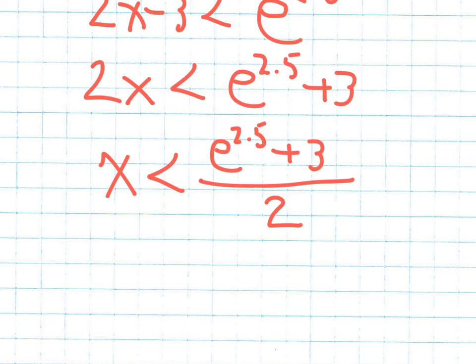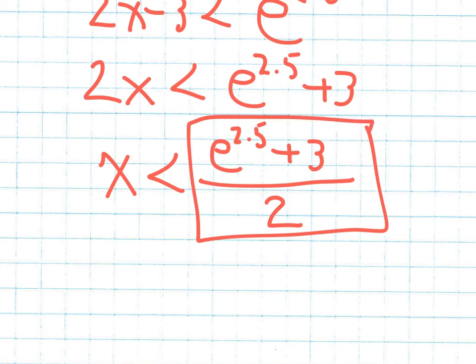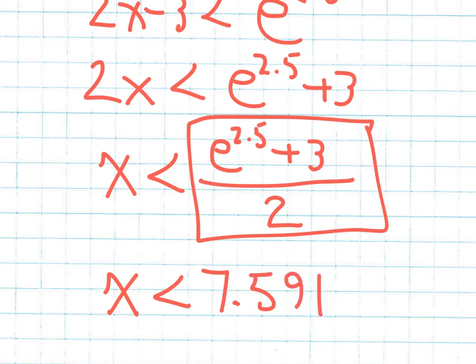Now, you could solve this with a calculator. All of this right here is something you can do in your calculator. Be careful with how you enter it, but when you're done, you should have x is less than 7.5912. Okay, now, be careful.